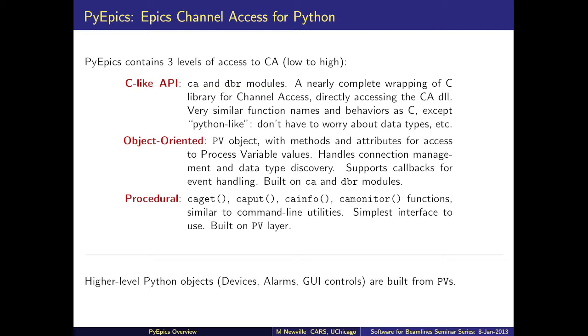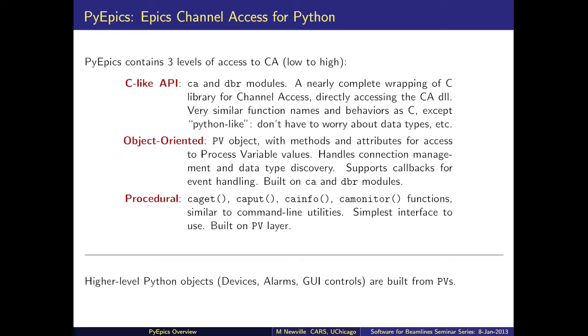And on top of that, there's also a procedural layer, which is caget, caput, camonitor, and cainfo, which are just like the command line tools that you would have in a Unix or Windows command line, or what's available from EasyCA. That's the simplest interface. Actually, it does most of what you want, but the other stuff is there when you need to dig deeper into working with channel access.